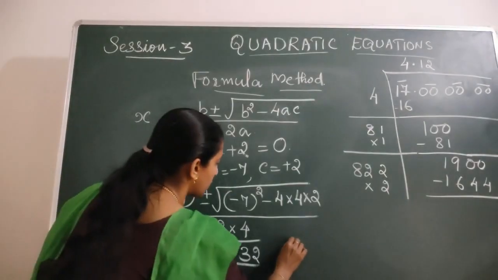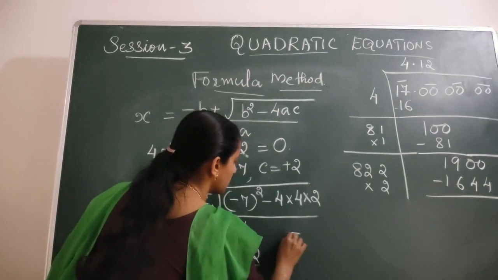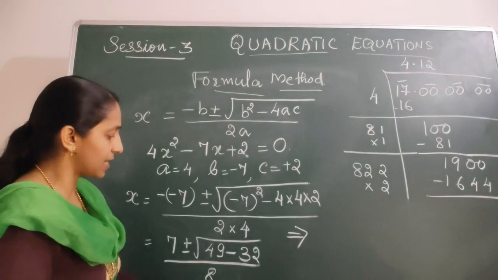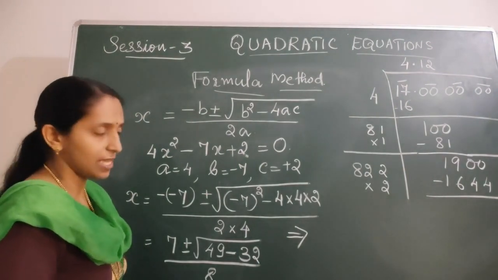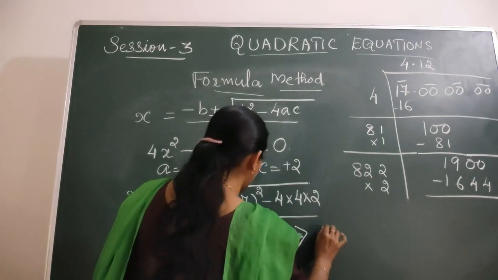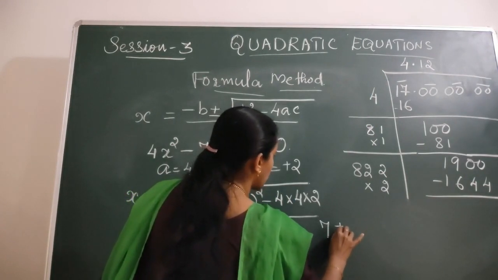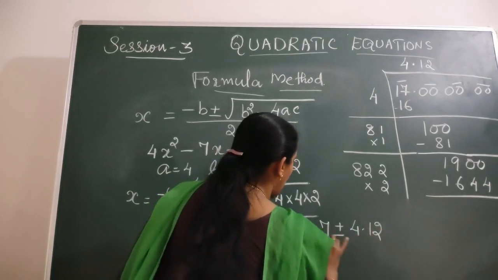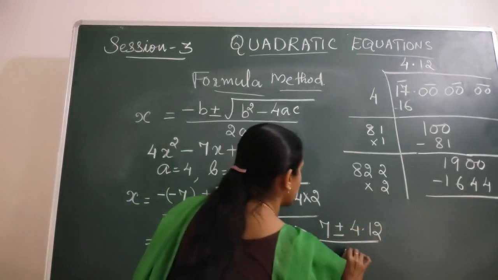So here after solving you are getting 7 plus or minus under root 17 by 8. So you will write down the value of under root 17: 7 plus or minus 4.12 upon 8.